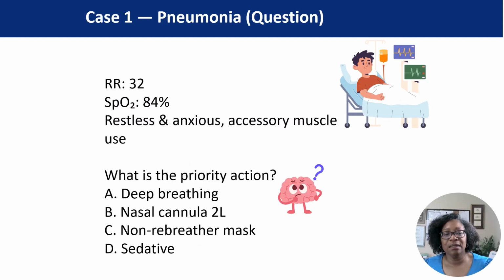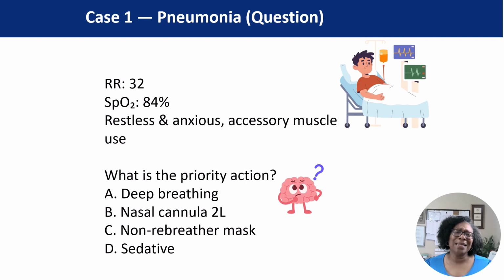All right, let's start with our first case study. We're going to talk about pneumonia and oxygenation failure. A nurse is caring for a patient diagnosed with pneumonia. In your assessment, you notice the respiratory rate is 32, the oxygen saturation is 84, the patient's restless, anxious, and using accessory muscles.